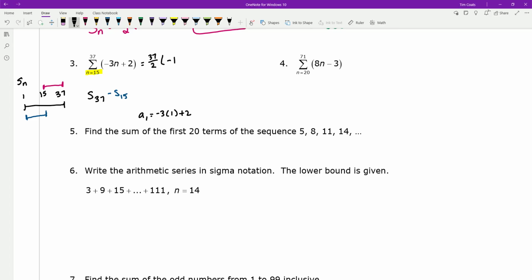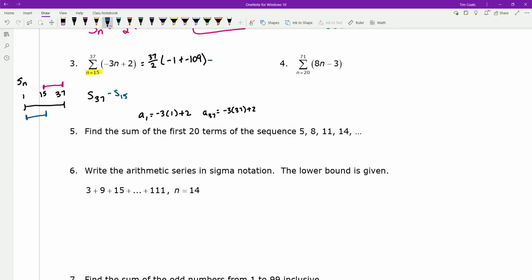And then we would also need to know, in this case, A of 37. Well, that would be negative 3 multiplied by 37 plus 2, which is going to be negative 109. So plus negative 109. So that is the sum of the terms up to 37.